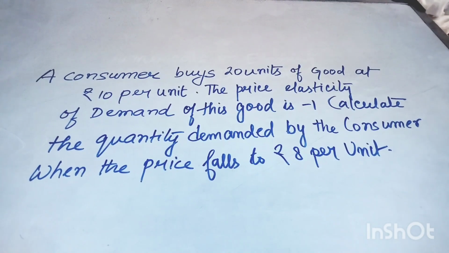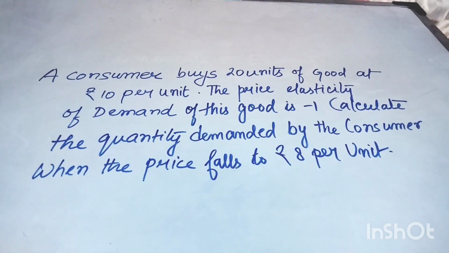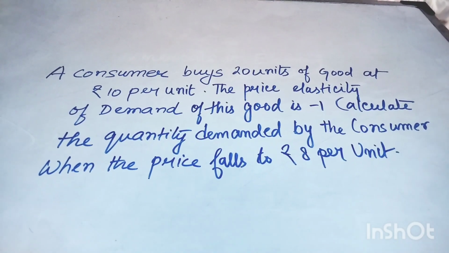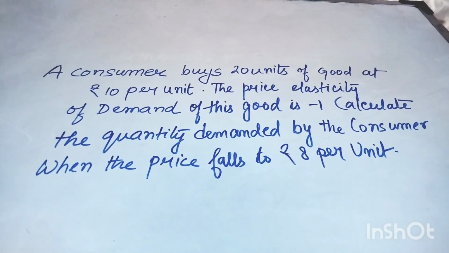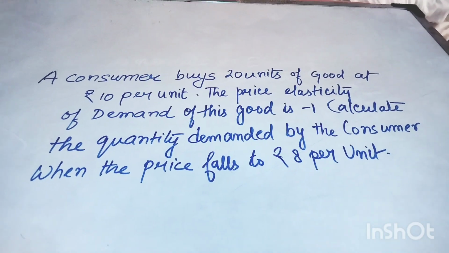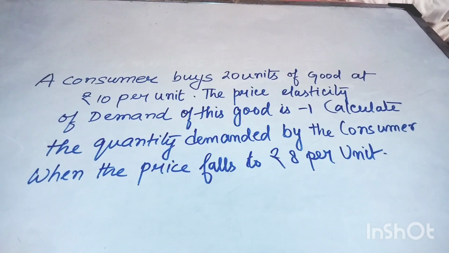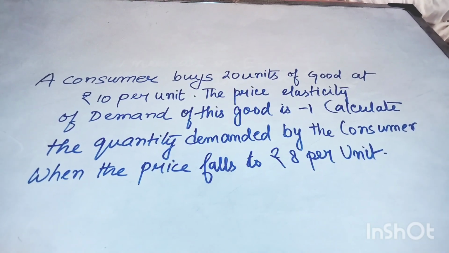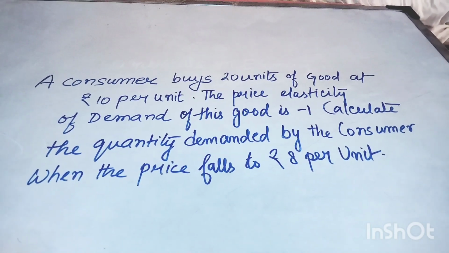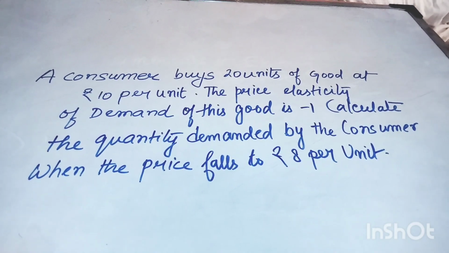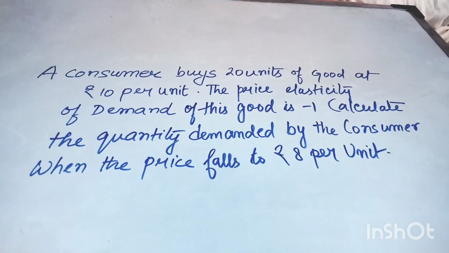You have to calculate the quantity demanded when the price falls to rupees 8 per unit. P1 is given, so you have to find Q1. P is given, Q is given, elasticity of the demand ED equal to -1 is given. You have to find Q1, and P1 is given. So let's start with the sum.